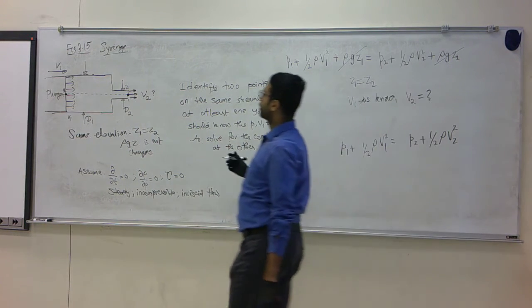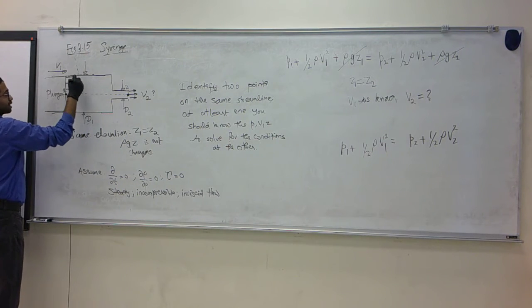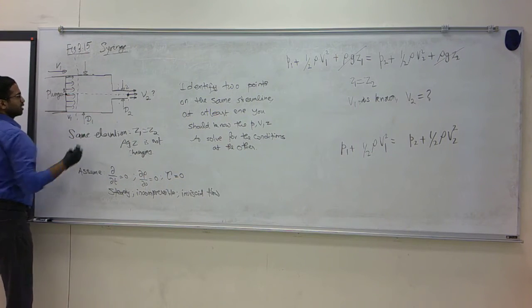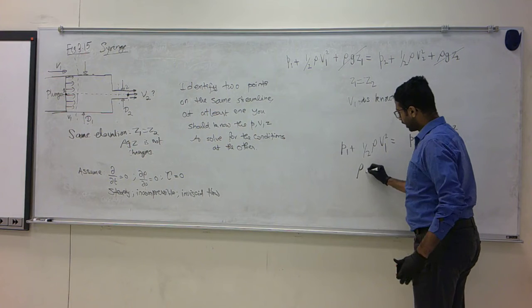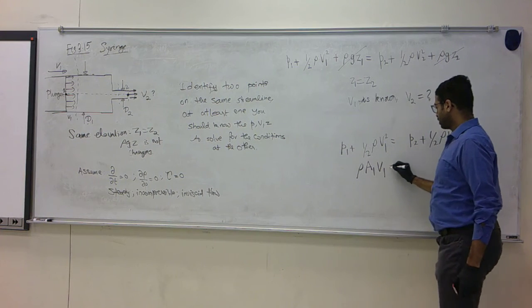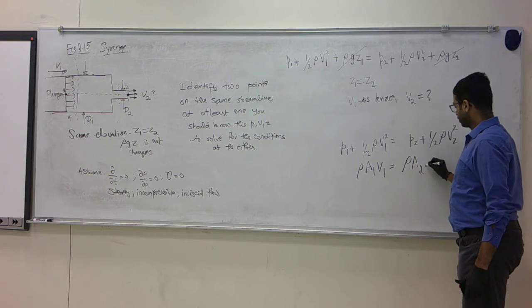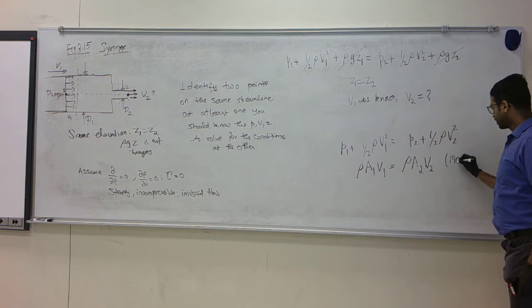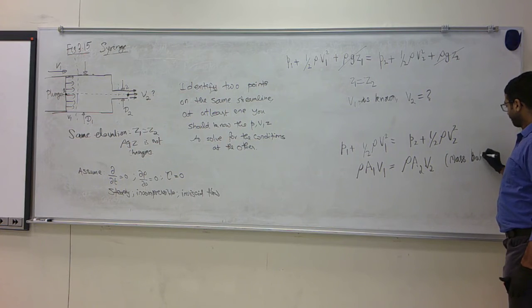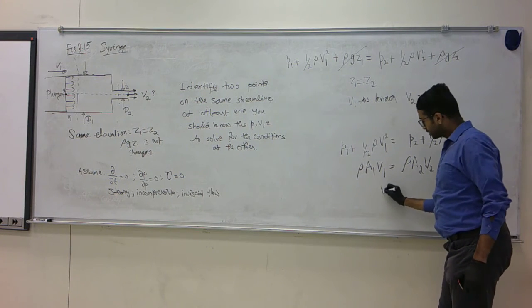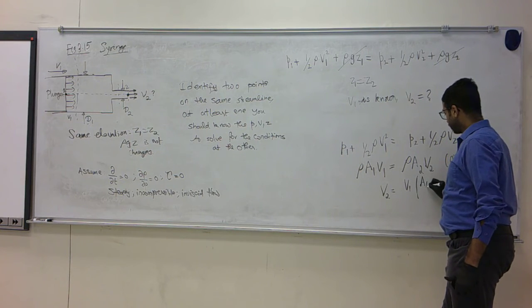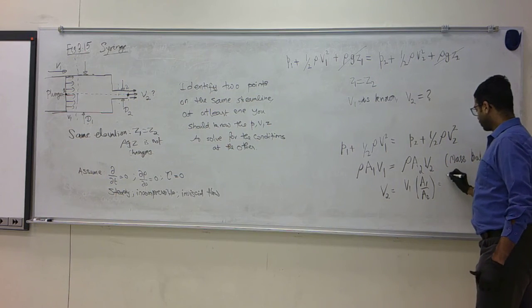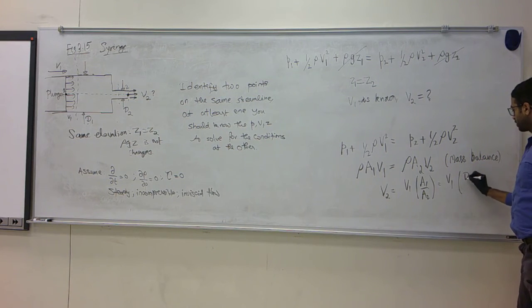The other balance that I can apply is, if I take a section here and a section here, I have to conserve mass, that is, density times area times velocity must be conserved. This is mass balance. So the velocity at section 2 is the velocity at section 1 times the ratio of areas, which is equal to the velocity at section 1 times the ratio of diameter squared.